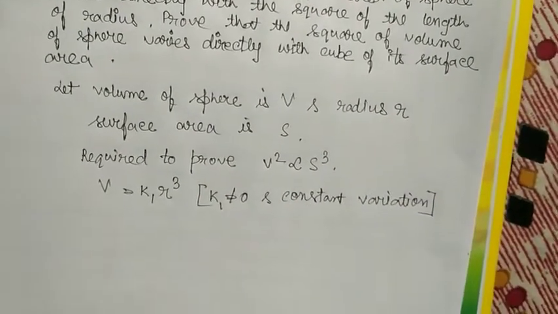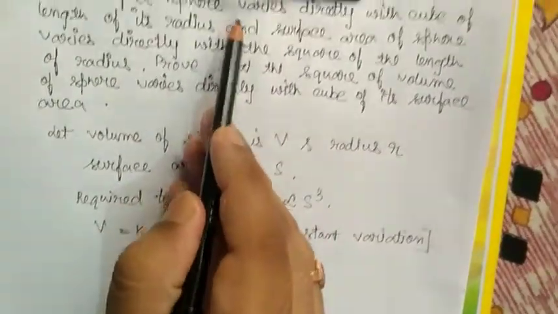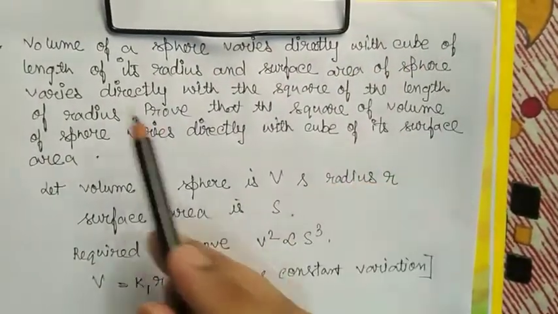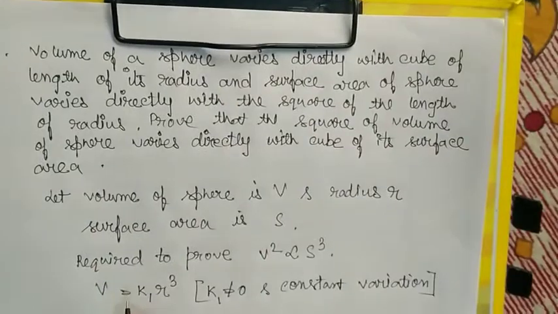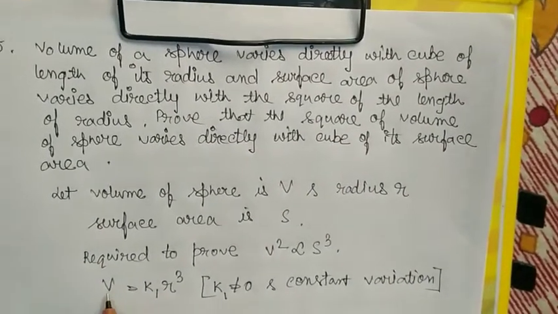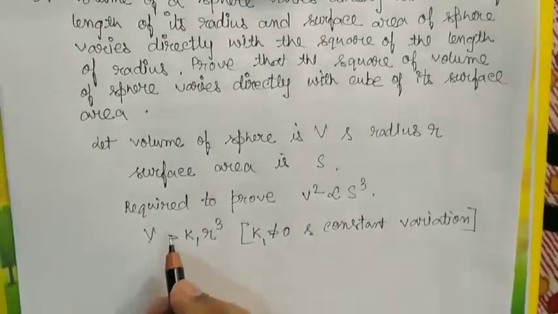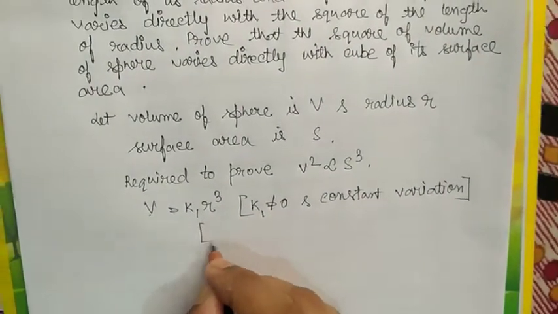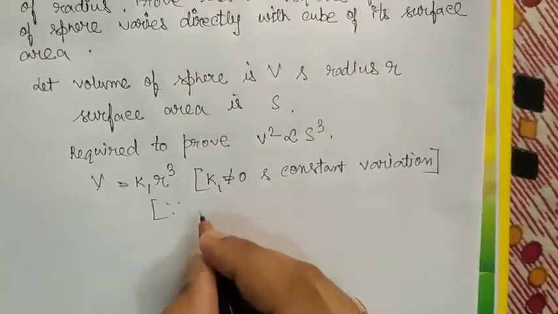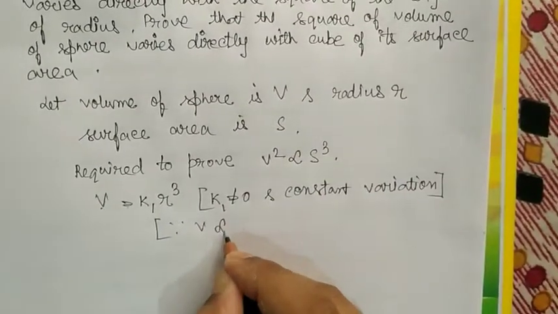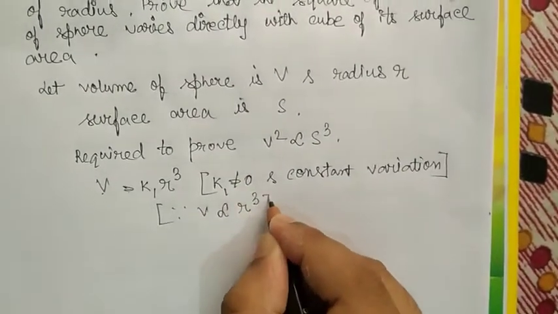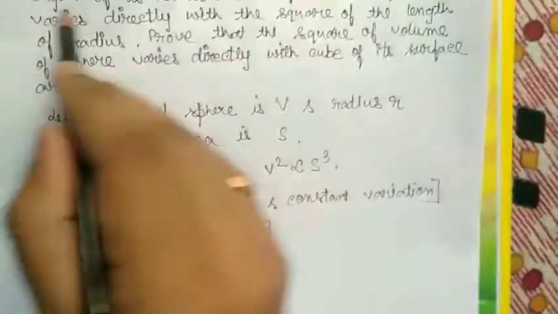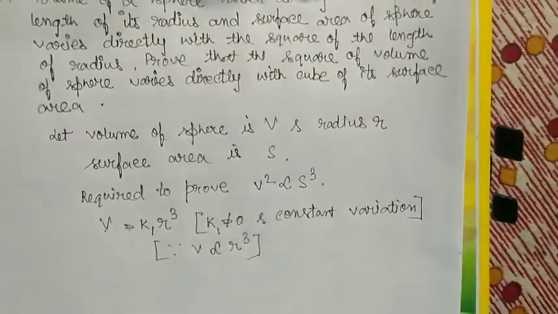First of all, the volume of a sphere varies directly with the cube of the length of its radius. That's why here I am writing that the volume of the sphere varies directly, with the cube of the length of its radius.